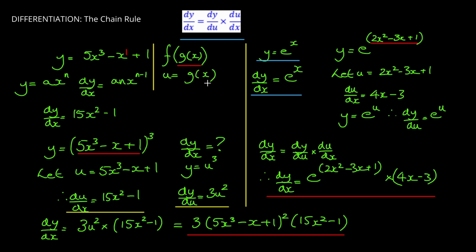So writing the differential down in function notation, we get dy dx is equal to f prime g of x multiplied by the differential of our substitution, which we can describe as g prime x.